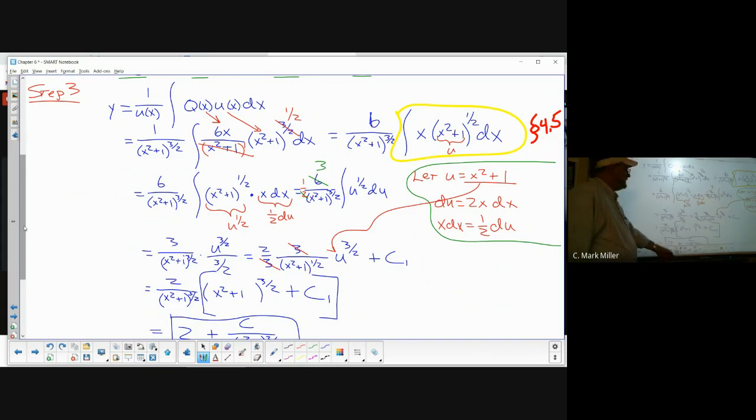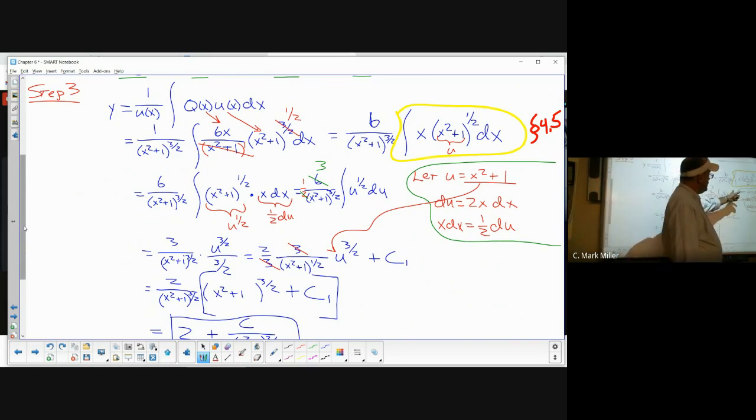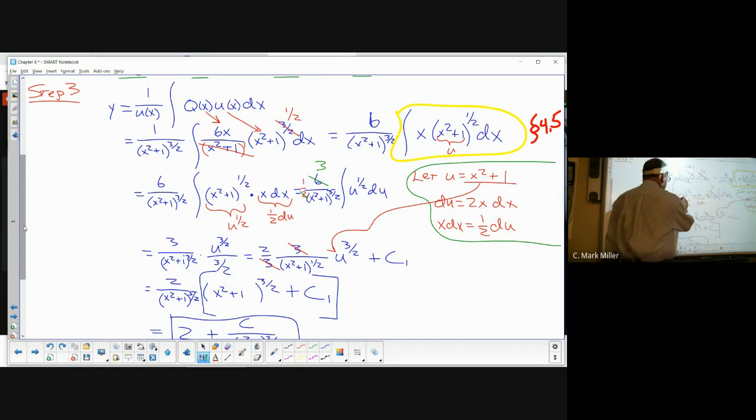You let u usually be whatever is inside. So this right here is what would be normally u. Whatever's inside, let that be u. And so that whole first term comes out to u to the 1/2. This is 1/2 du. And again, section 4.5, if you cannot do that fluidly, right?